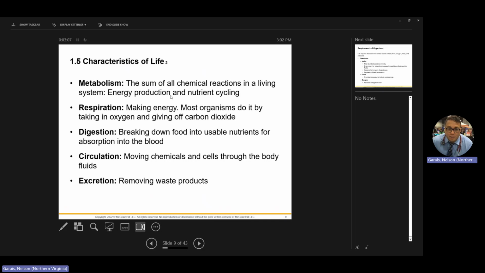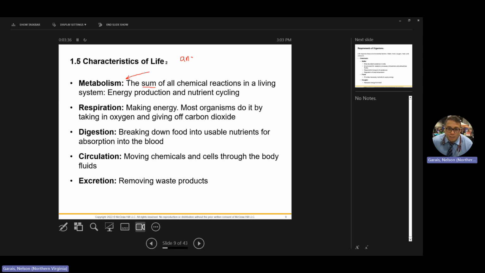Metabolism is the sum of all chemical reactions in a living system, and it produces energy and it builds up. So catabolism, the two chemical reactions, and we're going to be talking about them in other chapters as well. So metabolism is the overall sum. So what are the two parts of metabolism? The two parts are anabolism.